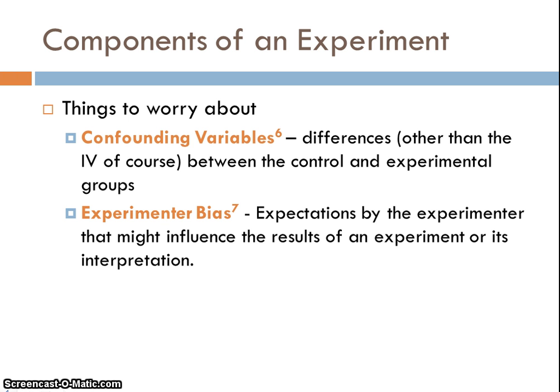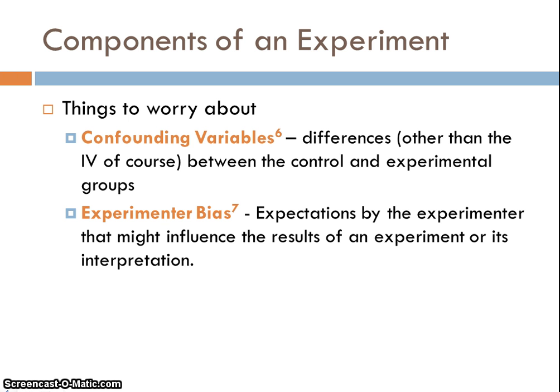The experimenter bias is when maybe the experimenter has expectations for the experiment that would influence his data. You do not want there to be confounding variables in your research. You do not want there to be experimenter bias in your research, because that is going to make your study a bad study. It's going to make your study unreliable or potentially not valid.